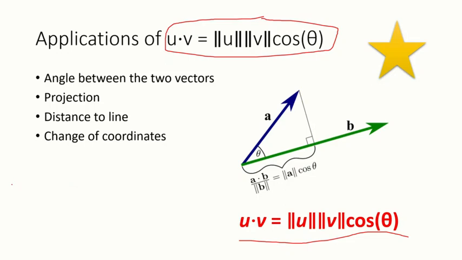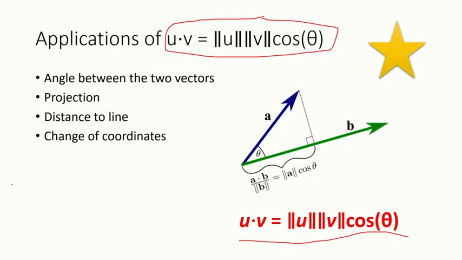The first application is to calculate the angle between two vectors. Because you know mu times v is the mu norm times the v norm times cosine theta.